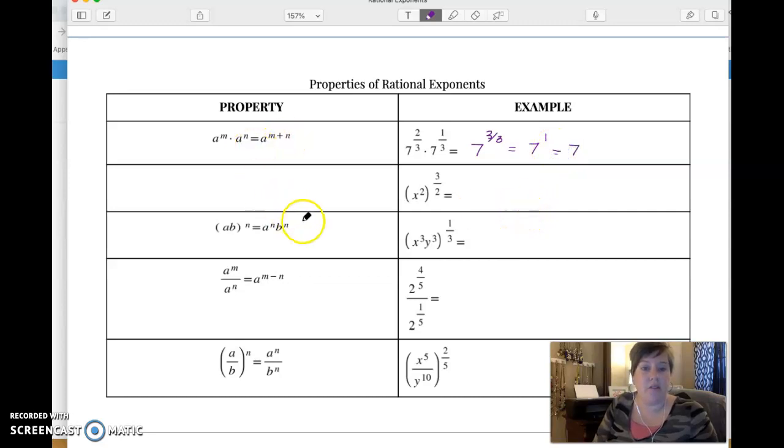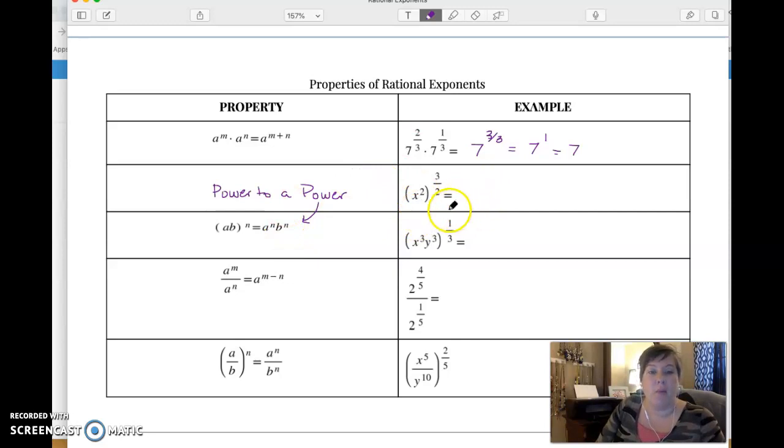We also have the power to a power rule. For the power to a power rule, everything inside the parentheses gets raised to that power, and we multiply the exponents.